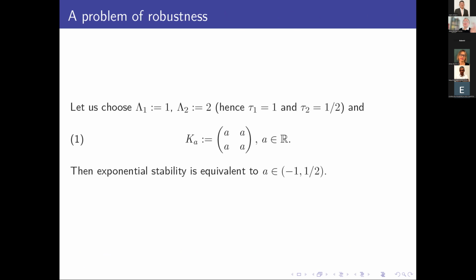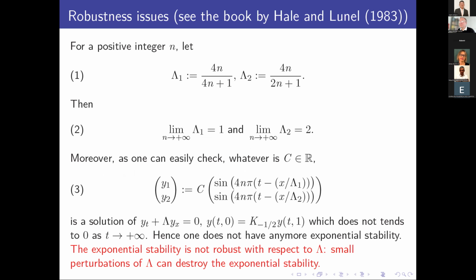It's not minus 1, it's not 1 divided by 2. So you see there is a problem because you lose the exponential stability. And if the perturbation is small, we do not get any convergence to zero. So we get something which is very bad. So you see a small perturbation of the velocity destroys the exponential stability.